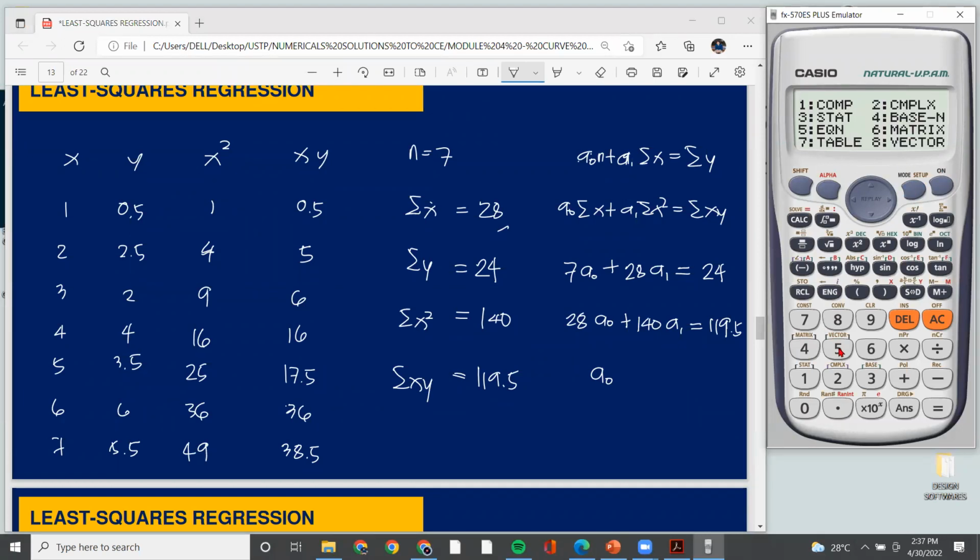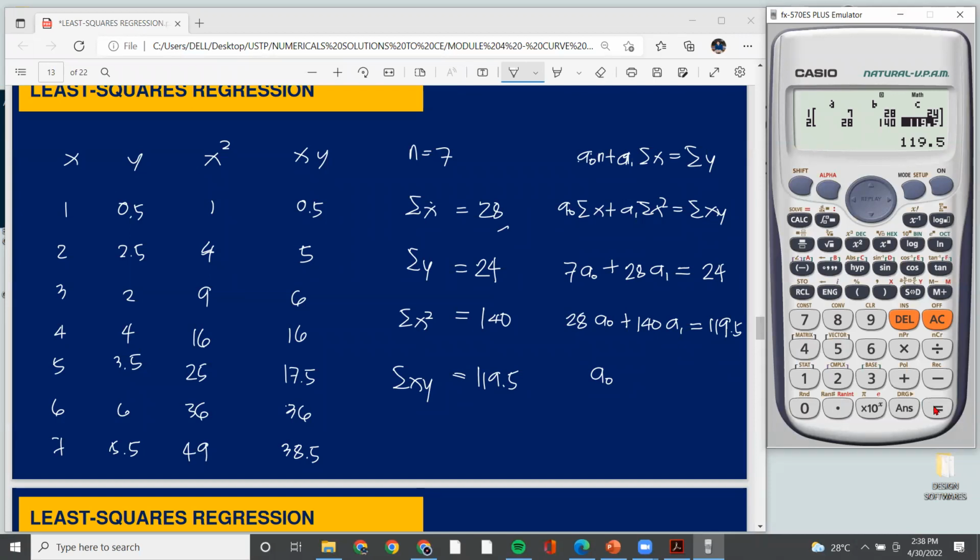How many unknowns? Two. So A sub 0 and A sub 1 are the unknowns. The x and y are given. So first we have 7, 28, equals 24, next we have 28, 140, equals 119.5.